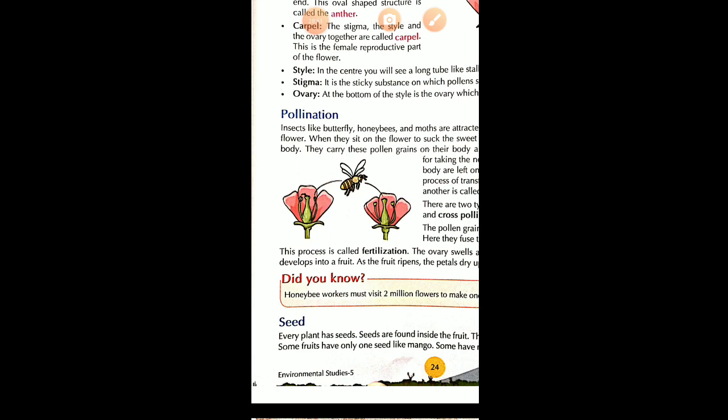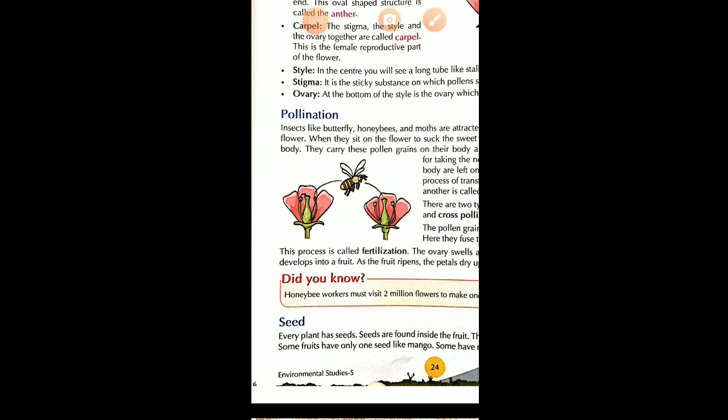One or more seeds, because you know the names of the fruits. Some fruits have only a single seed, like the mango, only one seed. Apple, more than one seed. Papaya, many seeds. So the ovary surrounding the ovules develops into a fruit, and the fruit contains the seed.